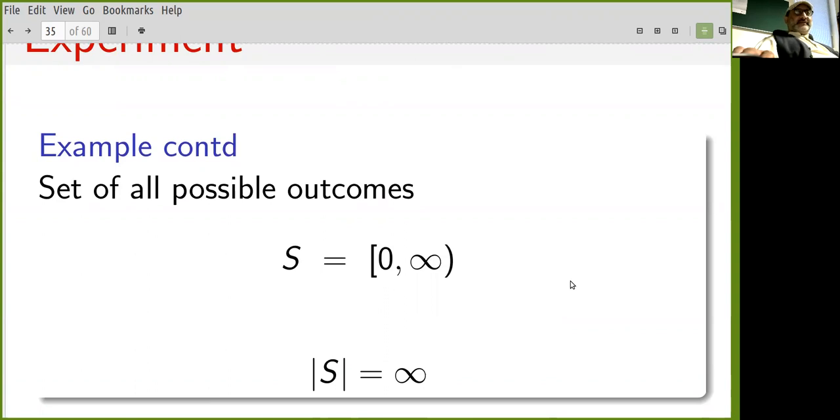In principle, it could just keep going. I mean, it won't, but in principle. The set of all possible outcomes here is an interval of real numbers running from 0 to infinity. Infinity isn't a real number, right? And we say that the cardinality of this set, the number of elements in this set, is infinite.